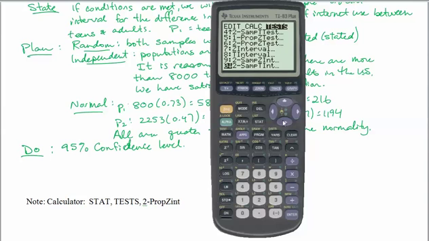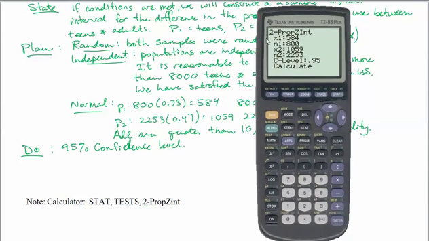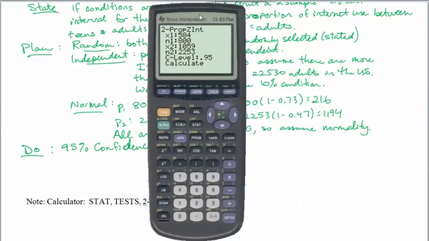We need to go down to, I believe it is B. There we go, and enter. Now, here they are asking for X1. That is what we got when we did our normal test. So if you've already calculated it, you can punch it in, or you can actually punch in 800 times 0.73.